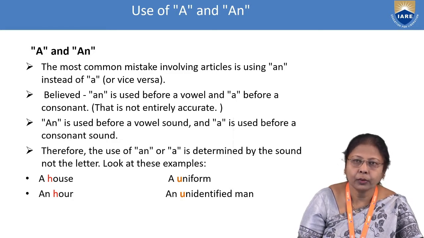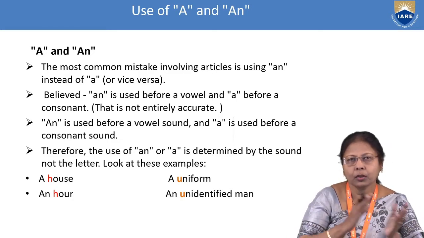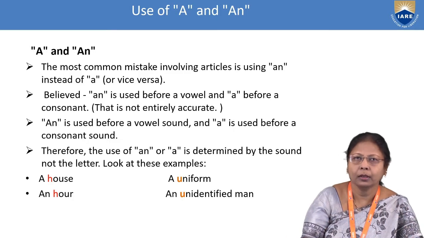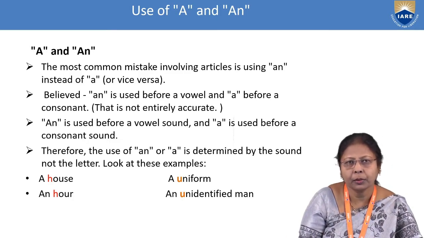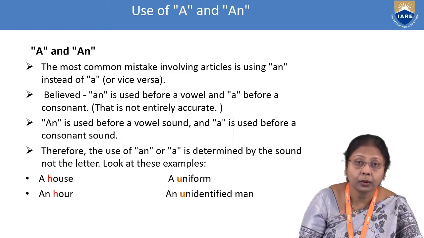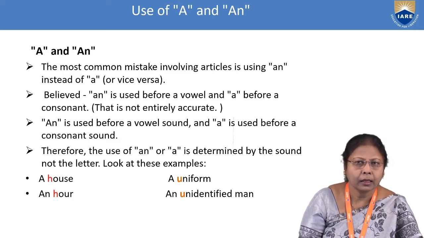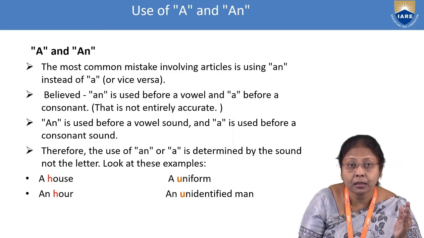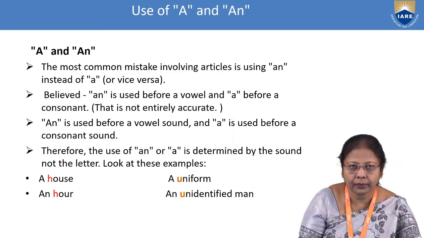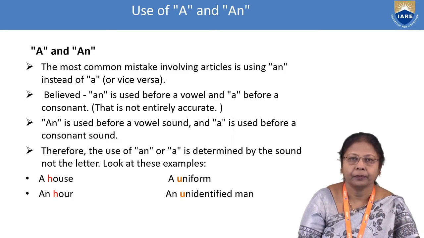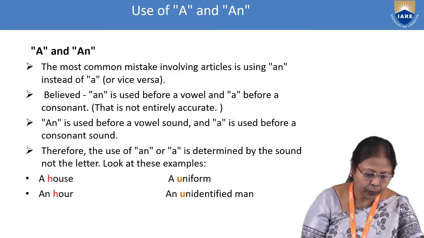So that's why before U, in most words, we use a only. A is used before a consonant sound. Therefore, the use of an and a is determined by the sound of the letter, not by the specific letter itself. Sound is important.